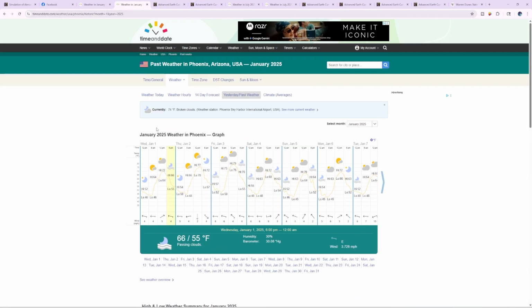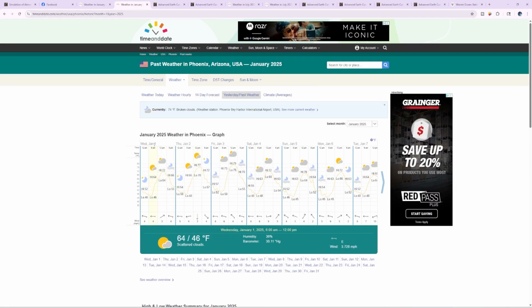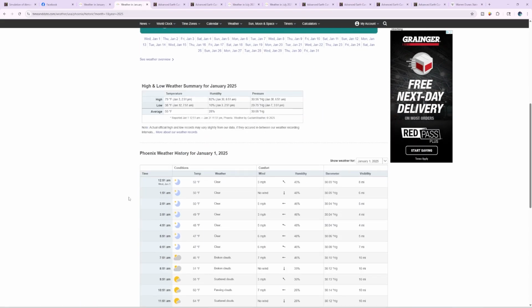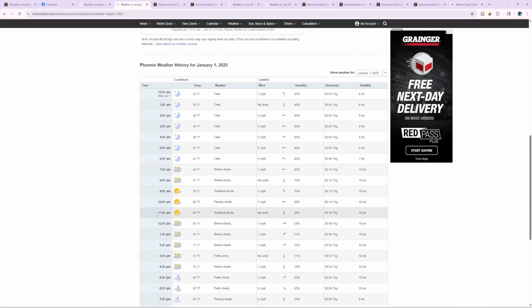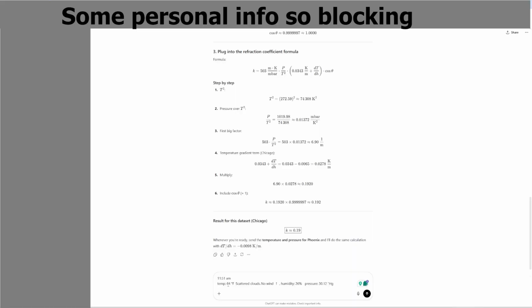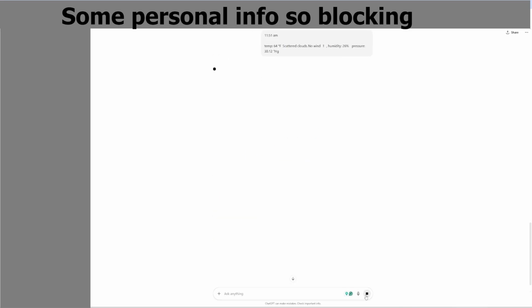And now what we'll do is grab Phoenix's weather, January 1st, 2025. Scroll down here to as close to noon as possible. We've got our temperature here at 64 degrees, midday in winter. That's amazing. Humidity 26%, and the pressure 30.12.